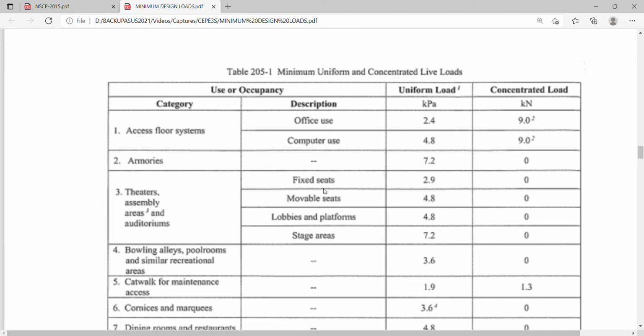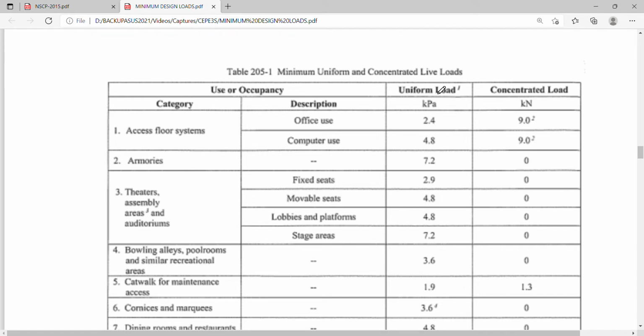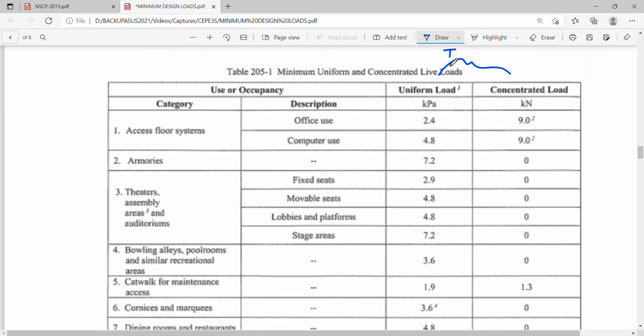Okay, so you also have a choice on the type of load that you are considering, but take note that in this particular choice, we need to come up with the more critical of the two.